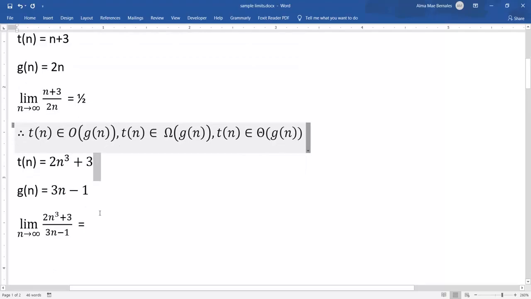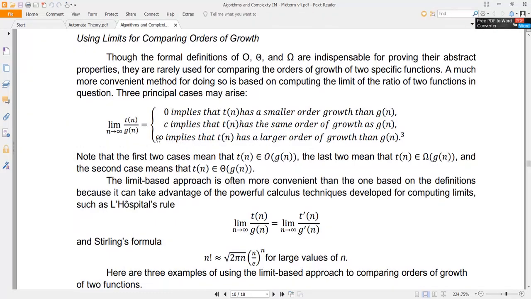And let's take a look at the largest exponent in our T of N and G of N. This one is 2, so positive 2, and this one is positive. So we have positive infinity. Okay, so we refer here, since it is infinity, this implies that T of N has a larger order of growth than G of N.